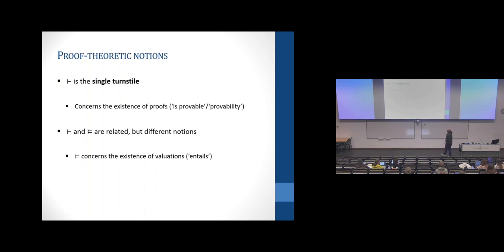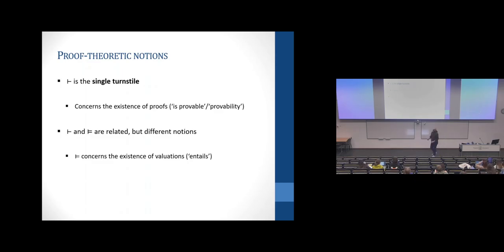The single turnstile expresses provability effectively. It's going to say, hey, there's a possible proof. So notably, our single turnstile is intimately bound up or related with the double turnstile. But again, they're fundamentally different notions.